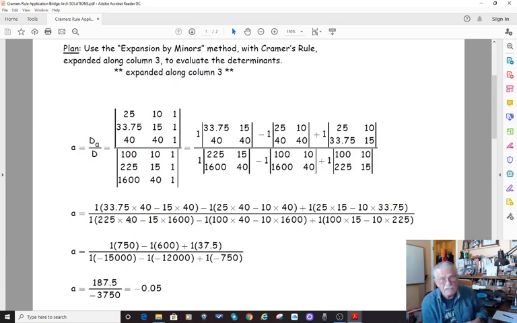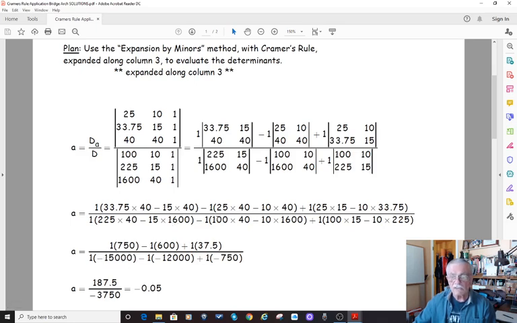Okay, so 225 times 40 is 9,000. And we're taking away 15 times 1600, and that gives us 24,000. So we have 9,000 minus 24,000, and that's how we get the negative 15,000 here.